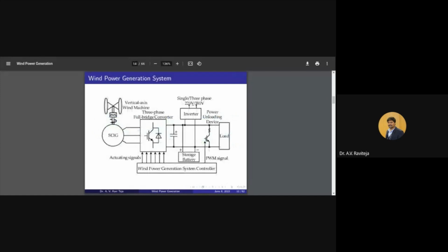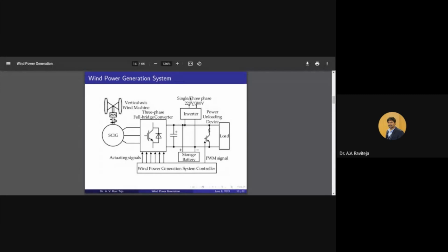So now, since we have understood how the wind turbines work, we'll see how to generate electrical power. And not only electrical power, I want electrical power at fixed voltage and fixed frequency, that is 230 volt 50 hertz or 400 volt 50 hertz, as required by the utility grid.